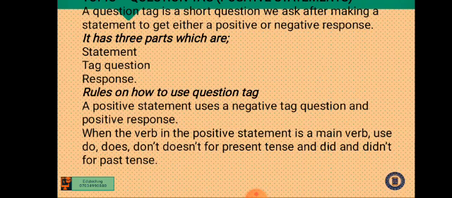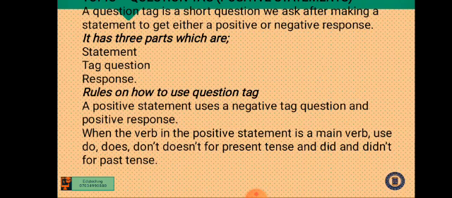Number 2 rule means that when the speaker did not use an auxiliary verb in making the statement, when he is going to ask the question, he should use either doesn't or don't for present tense and didn't for past tense.